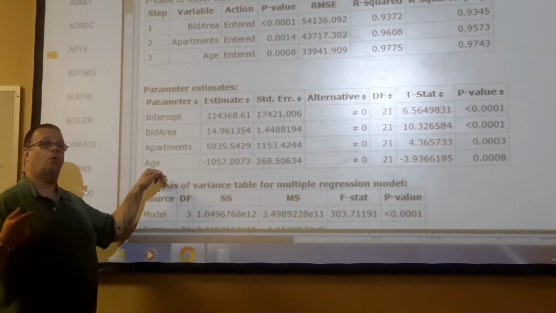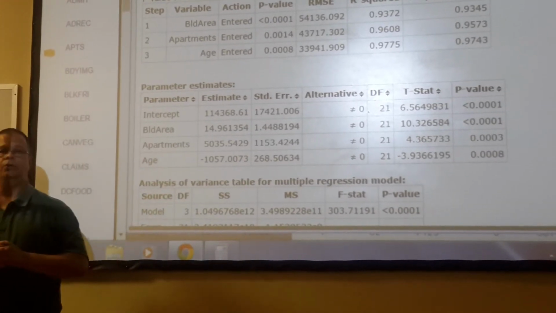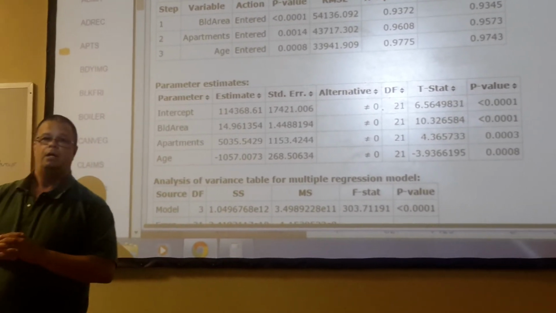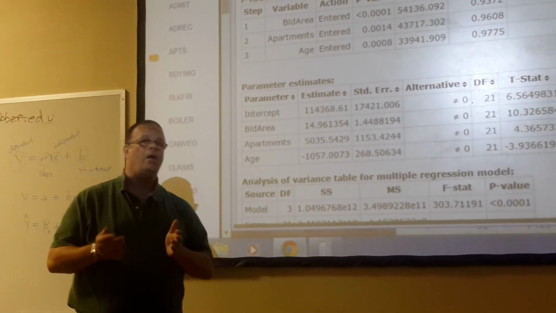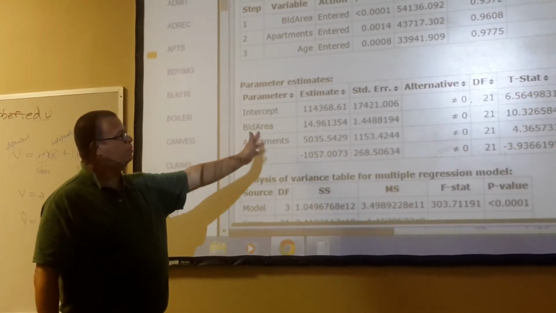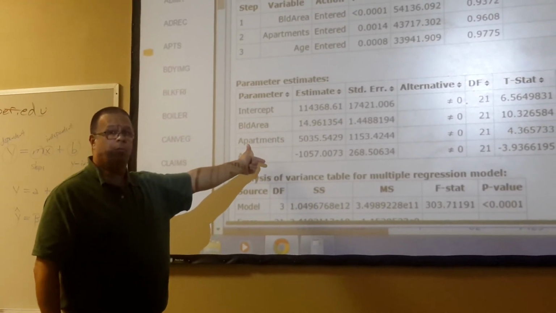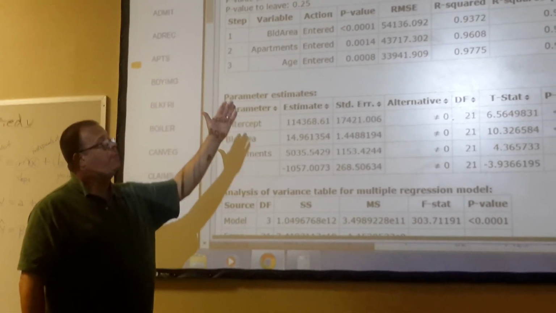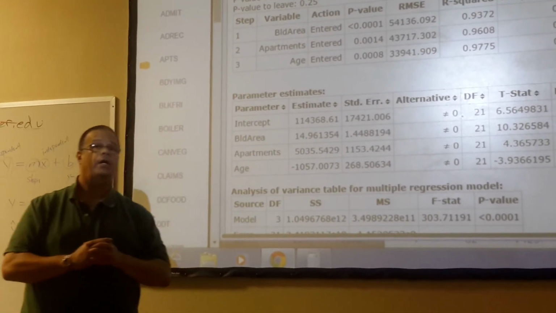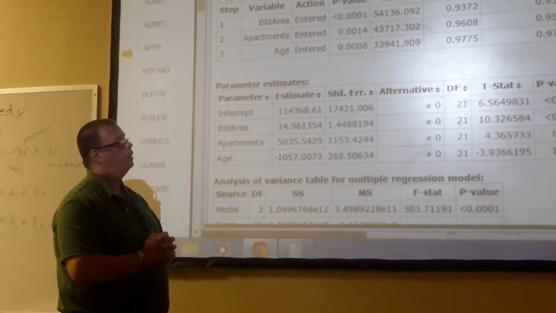And for every year old that building gets, it takes away just over $1,000 from that selling price. So again, if we had an apartment building we were looking to try to sell, we could plug those values for building area, number of apartments, and age into that equation and come up with a pretty good prediction of what we might be able to sell that for.